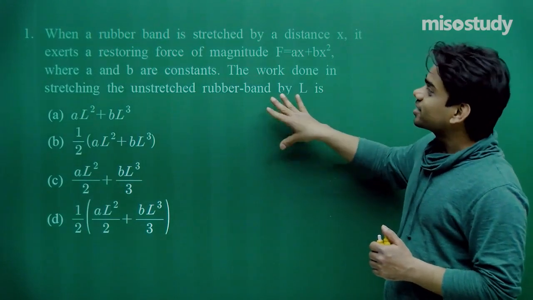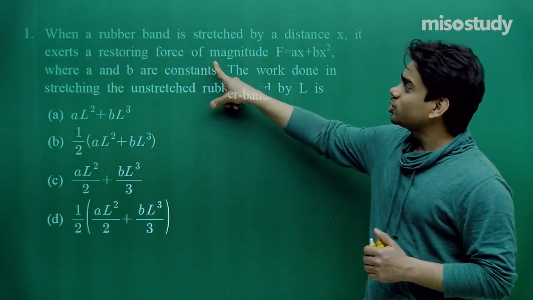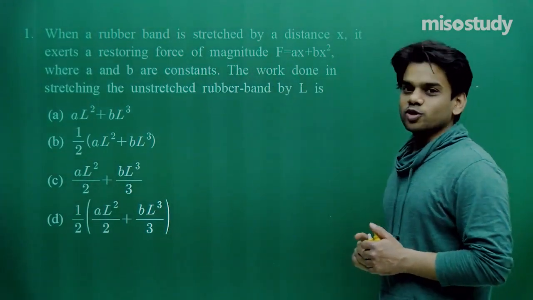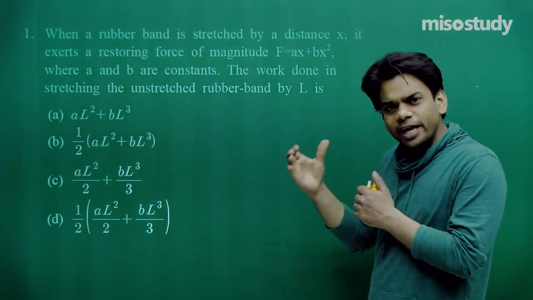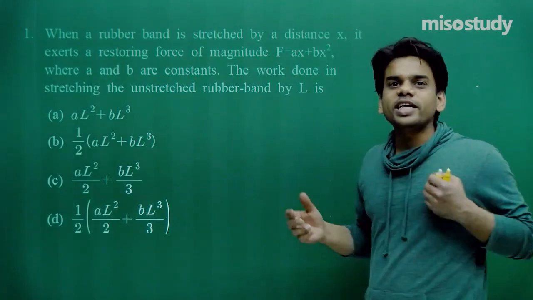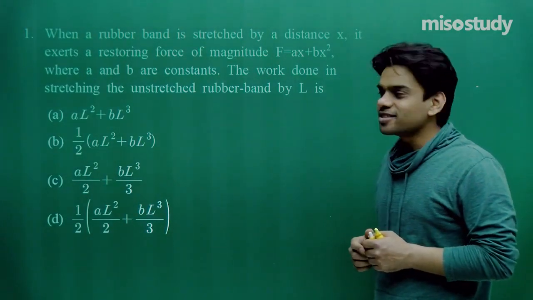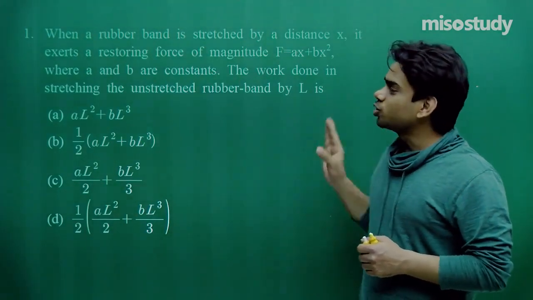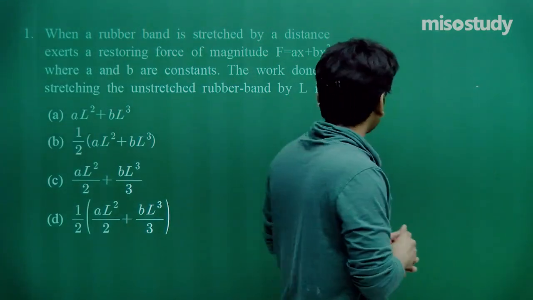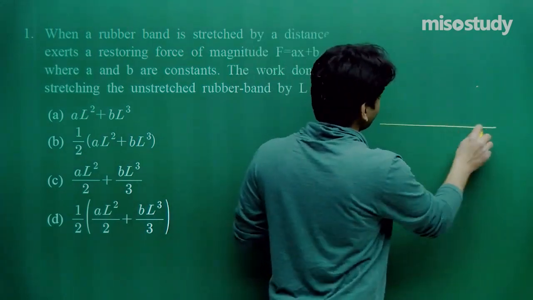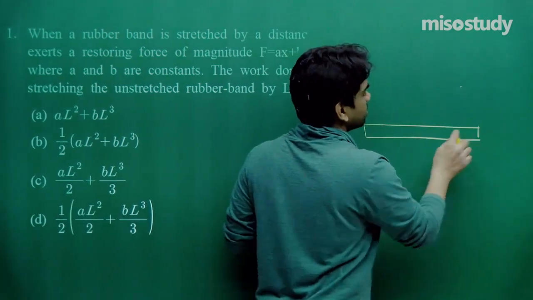So you see that it's given that it exerts a restoring force of magnitude F equal to ax plus bx square. When a rubber band is stretched by a distance x, you take the natural length of the rubber band and stretch it by a length x. It says that it exerts a restoring force. Now if I make the diagram, how will it look? Let's say this is the rubber band.